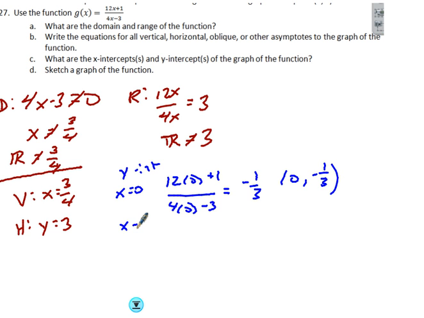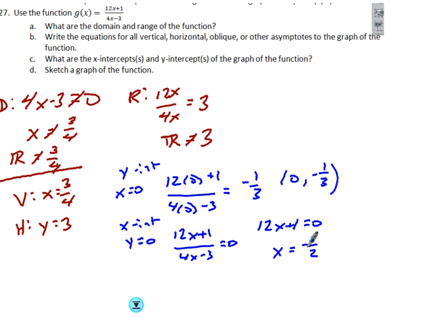The second one might be the x-intercept, and that's where y is going to be 0. So the whole thing is 0, so that's 12x plus 1 over 4x minus 3 all equals 0. You could cross multiply and realize you're just going to end up with 12x plus 1 equals 0, or x is negative 1/12. So that ordered pair is going to be at negative 1/12, 0.